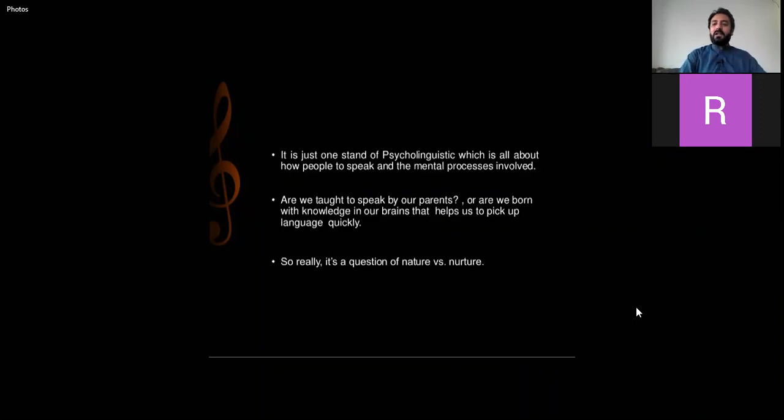One thing is called nature and the other is called nurture. Nature means that nature has already put something in our mind and we can acquire our language very easily. And nurture stands for the idea that we are trained by others to acquire language. Let's study nature versus nurture.